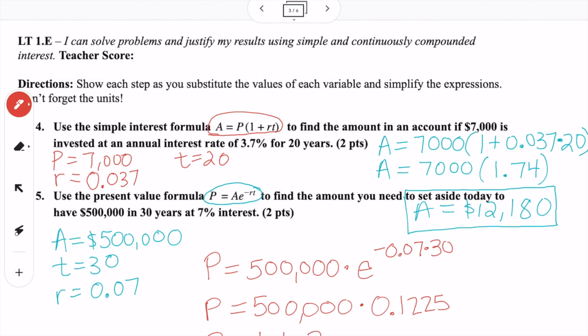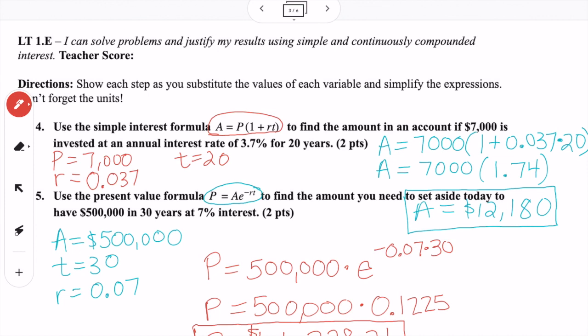My principal is 61,228 with 21 cents. This one I'm going to decide to round to 2 decimals because it's money. And my final answer, in terms of money, would only have 2 decimals. So that would be the amount I need to start with, or I need to invest to have $500,000 in 30 years.